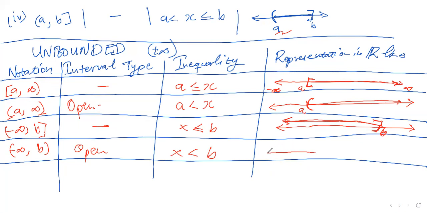If we have a real number line and we have B here, we're going to have a curved bracket, and then a straight line and an arrow.